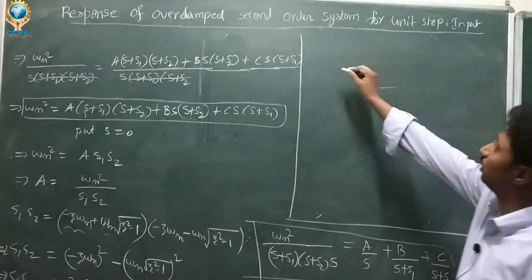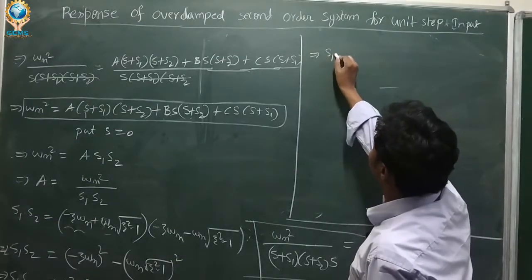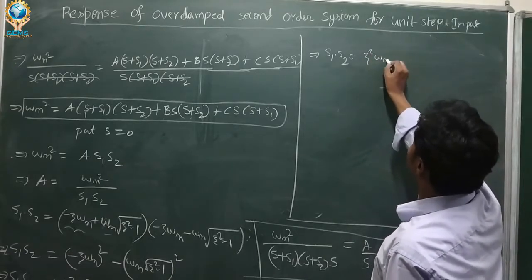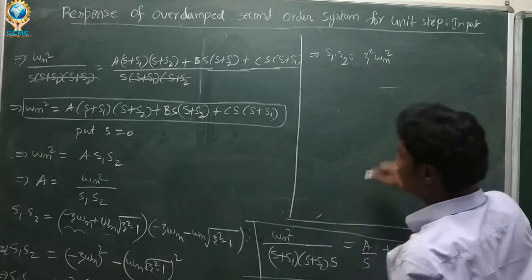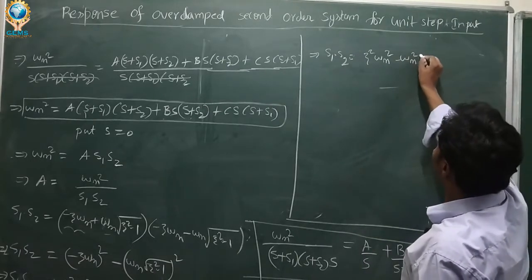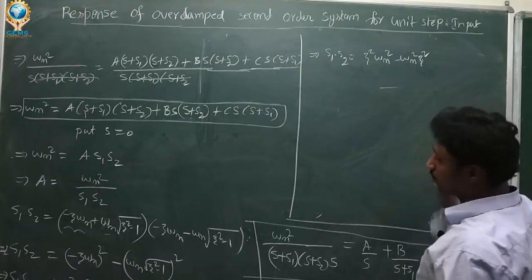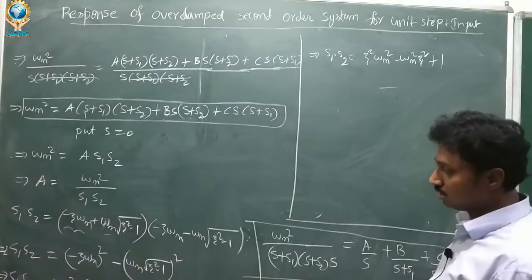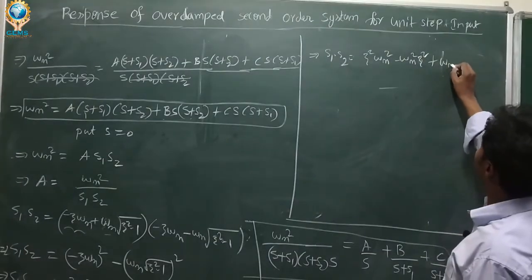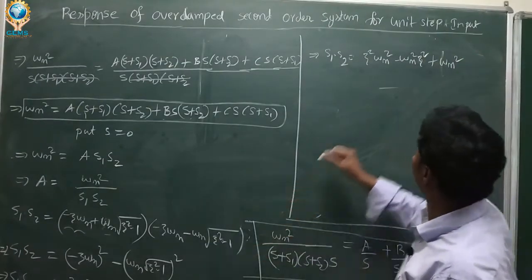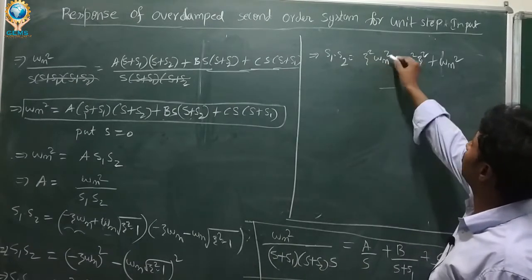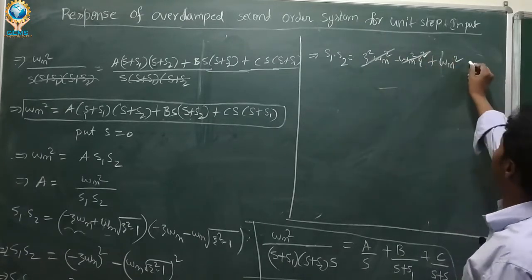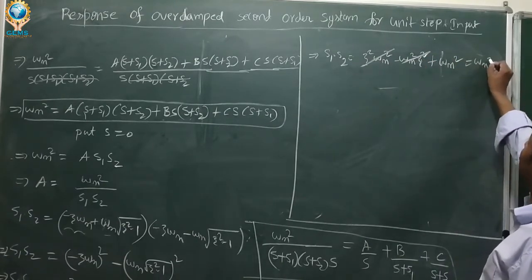So S1 into S2 is equal to zeta square omega n square minus omega n square zeta square plus omega n square. The zeta square omega n square terms get cancelled, so S1 into S2 is equal to omega n square.